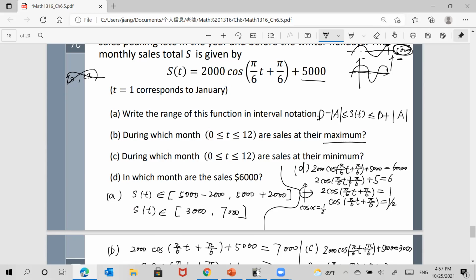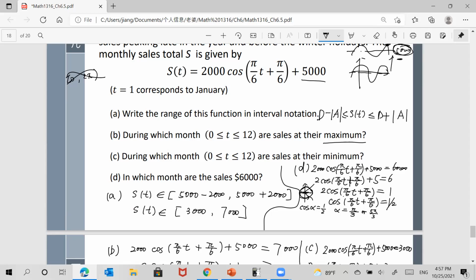So cosine of what angle equals 1/2? That's pi over 3. So alpha equals pi over 3. And also we can have another angle here, which is 2 pi minus pi over 3, that's 5 pi over 3.